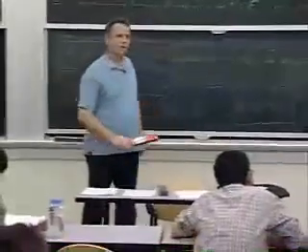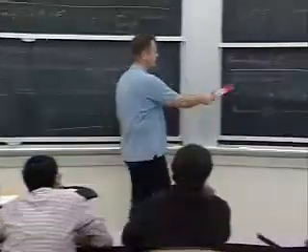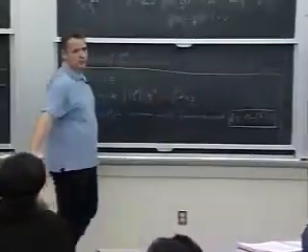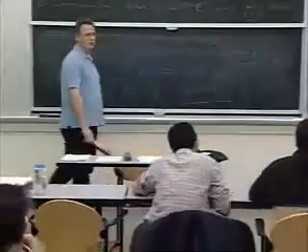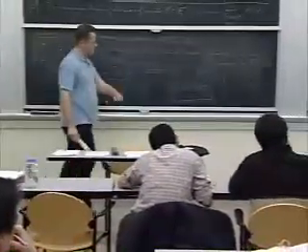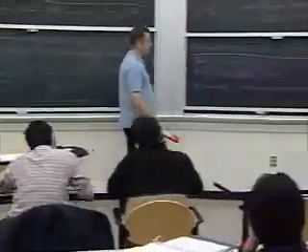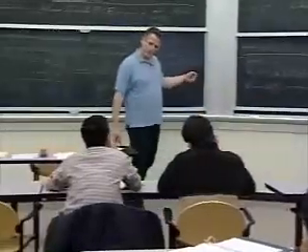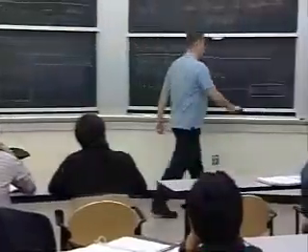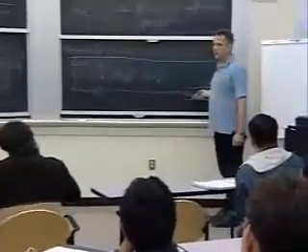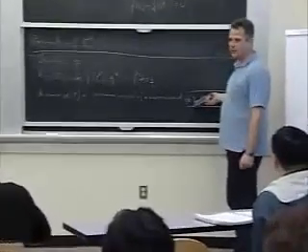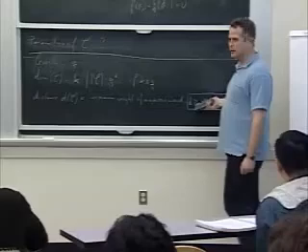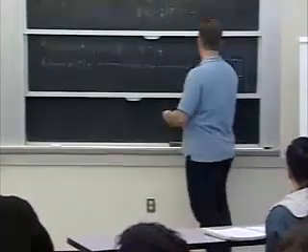So we have our MDS codes. They exist. Here they are: Reed-Solomon codes. Not all MDS codes are Reed-Solomon codes, but the ones we are interested in are. The distance is at least this, but the MDS bound says it is at most this, so it is equal to this.